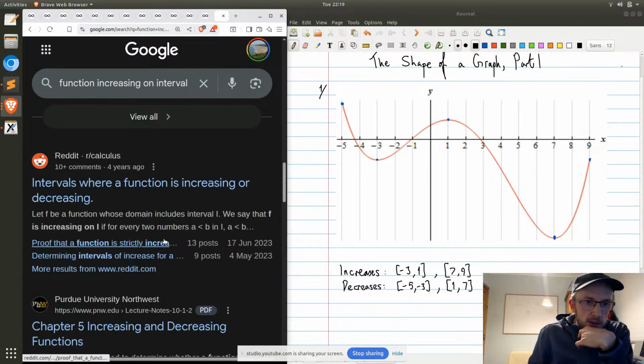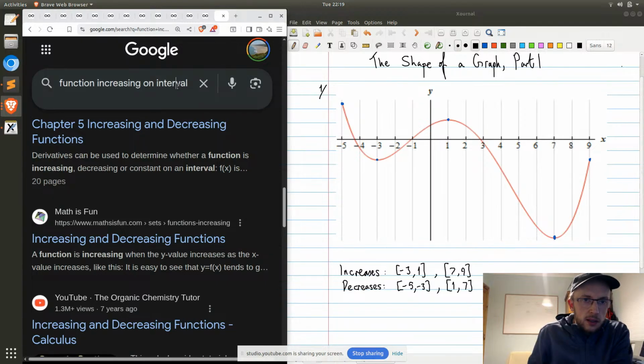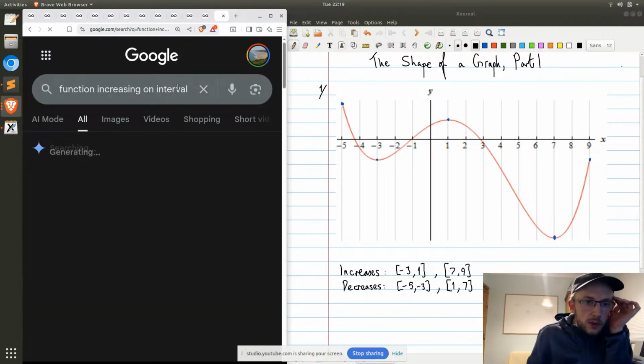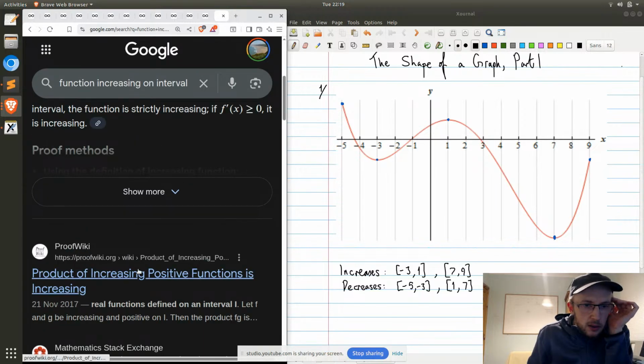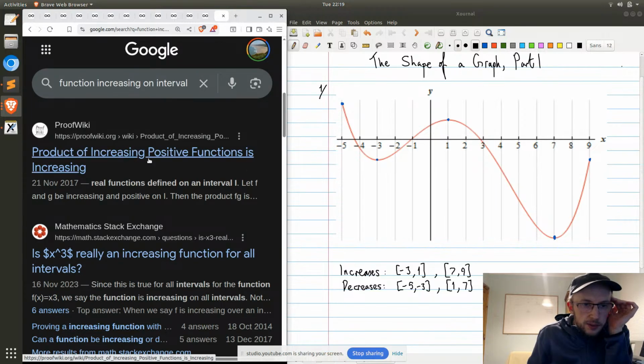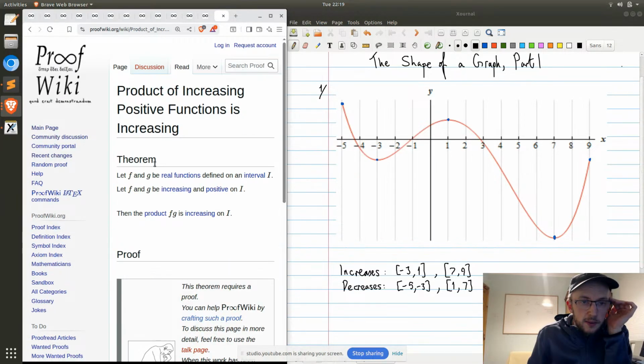Right, so we want a good source for definitions. And my go-to for that is Proof Wiki, because they are intensely fussy about definitions, if anything else.